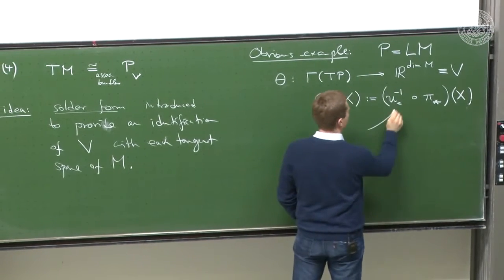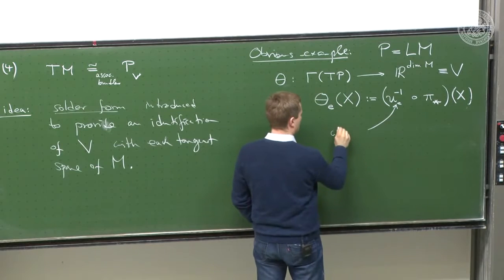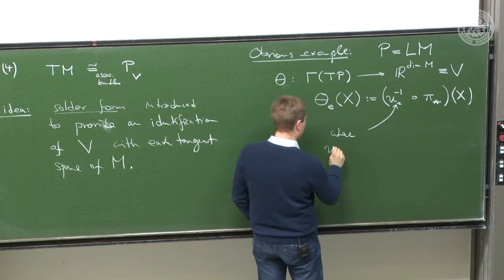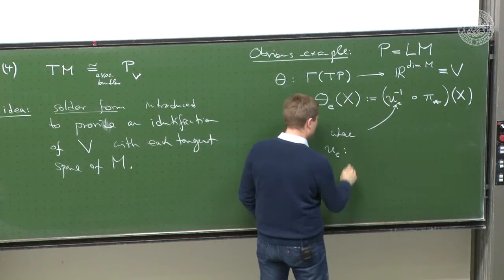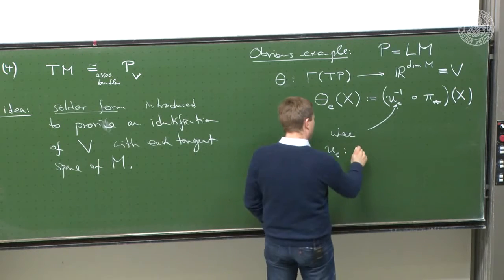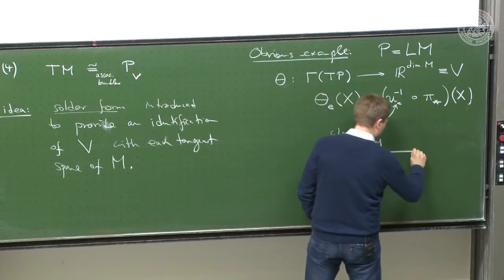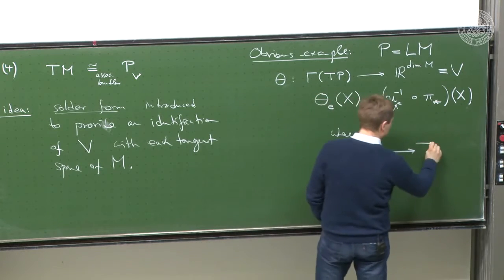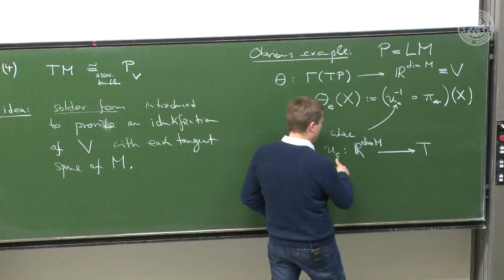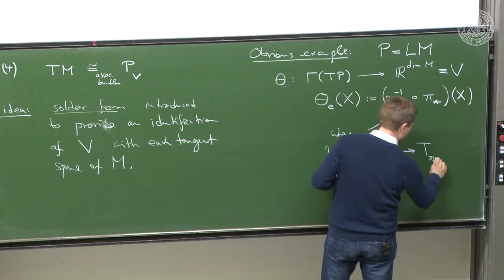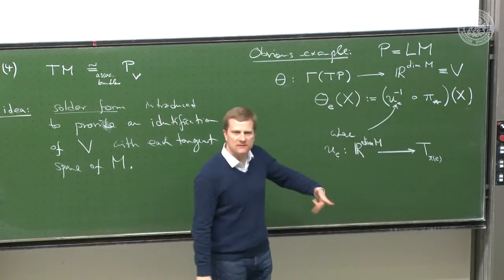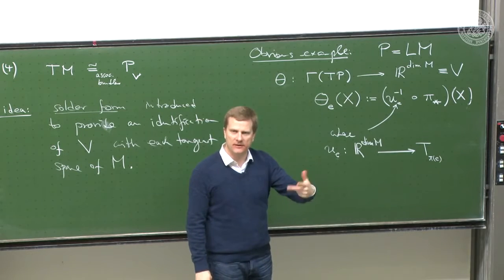Now I need to tell you what the U is, where the U_E takes you from R dim M to the tangent space at the base point of the frame, so where the frame is attached. E is a frame.